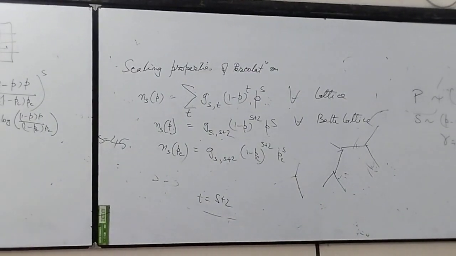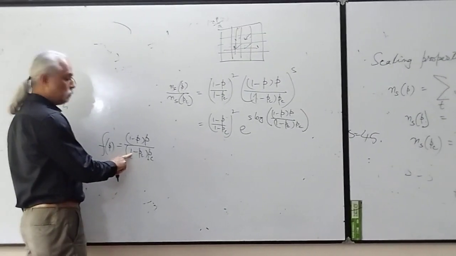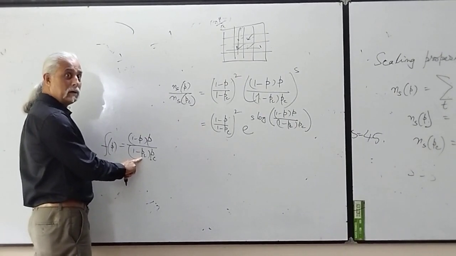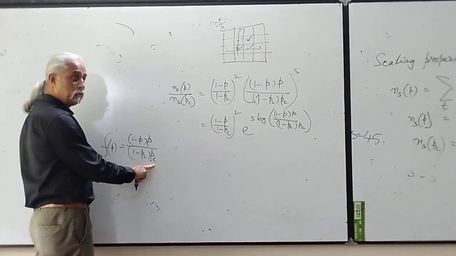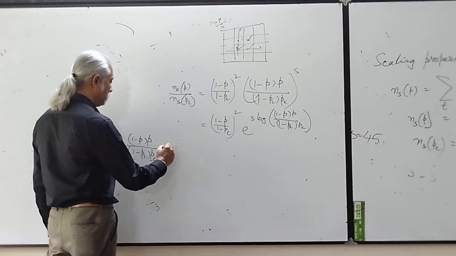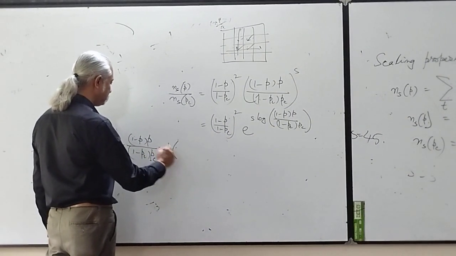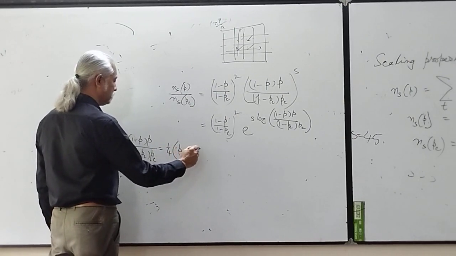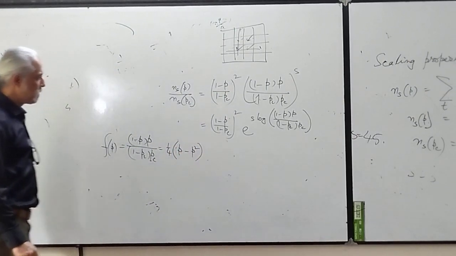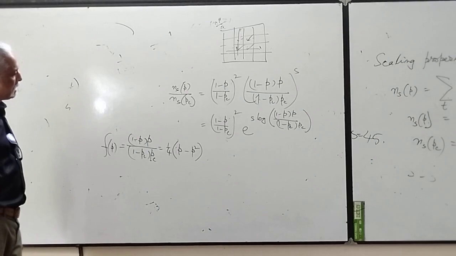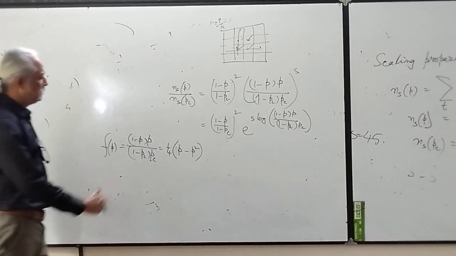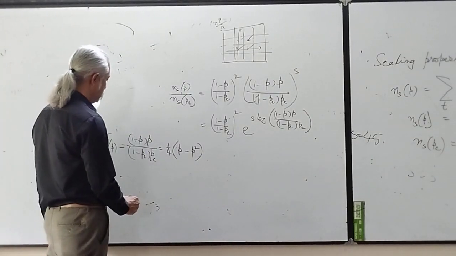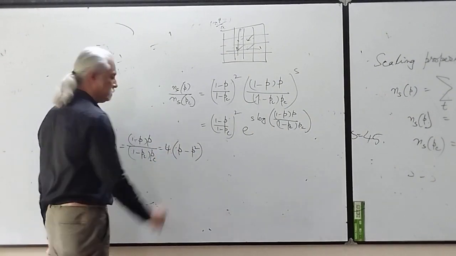So if p_c is half, then 1 minus half is half times half, 1/4, equal to p minus p squared over 1/4, so 4 times.